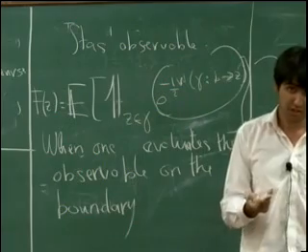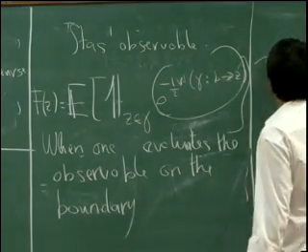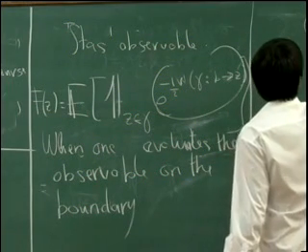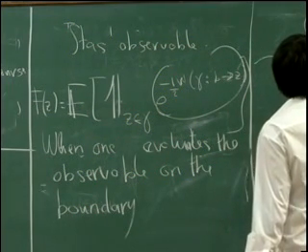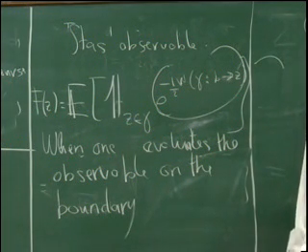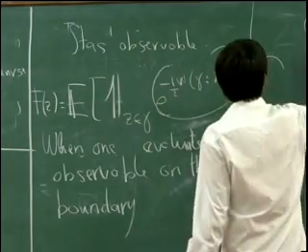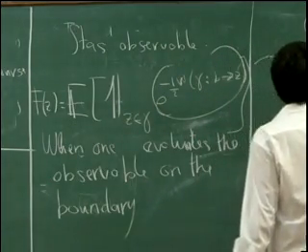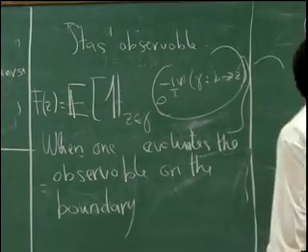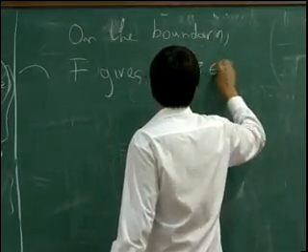What's the interpretation of that in terms of the Ising model? So on the boundary, F gives the probability that Z belongs to the interface gamma.